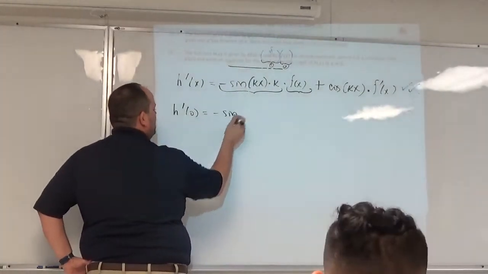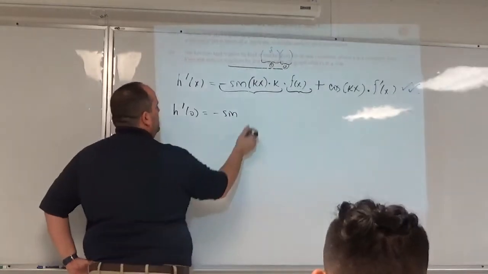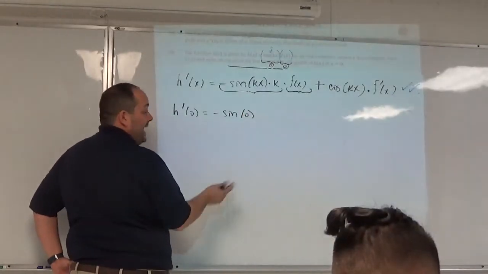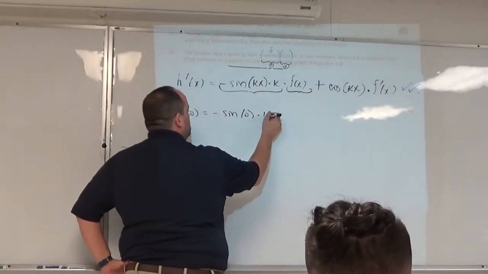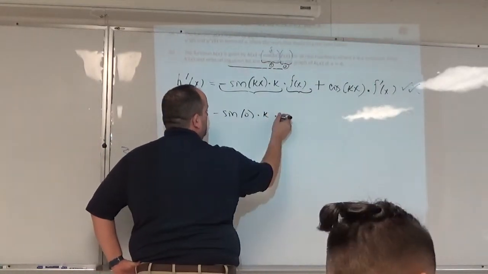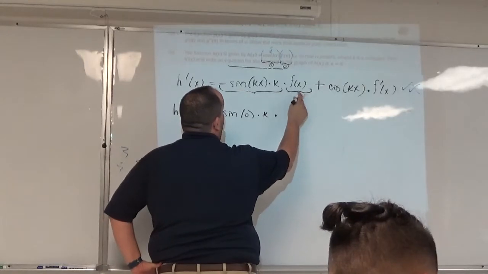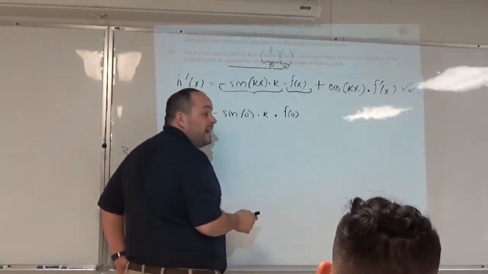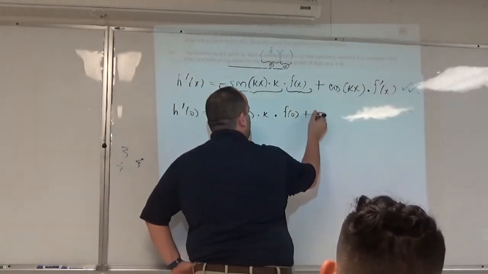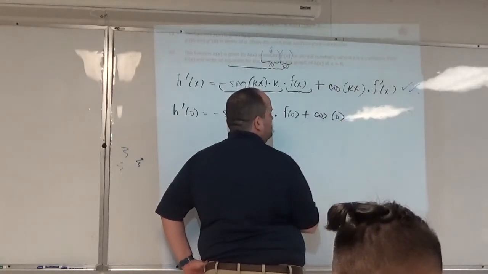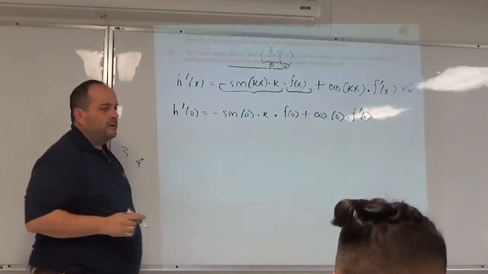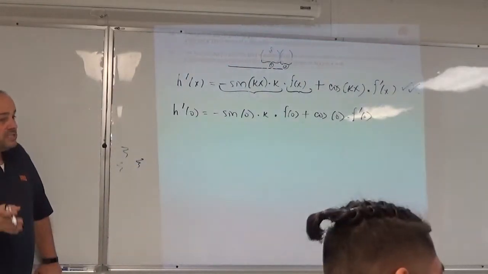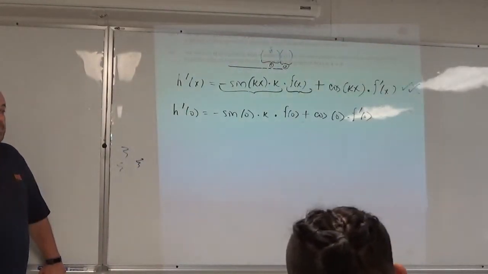So negative sine of what? k times 0, k is constant, times f of 0. If you're not sure, leave it for now. Plus cosine 0 times f prime of 0.